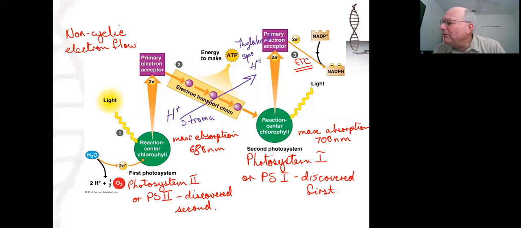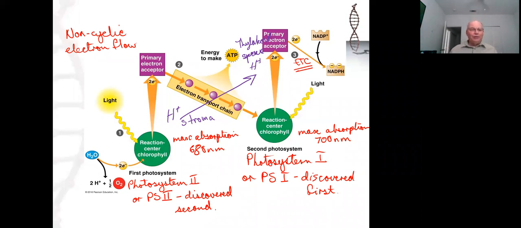And so this electron transport chain generates a hydrogen ion gradient across the thylakoid membrane, which is going to be used to drive the ATP synthase to make ATP.